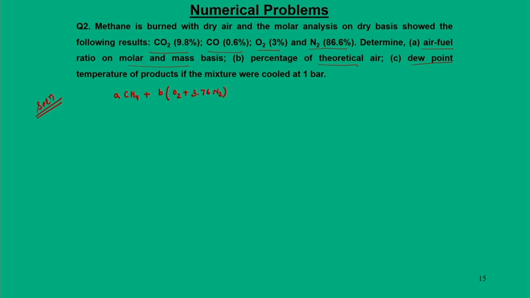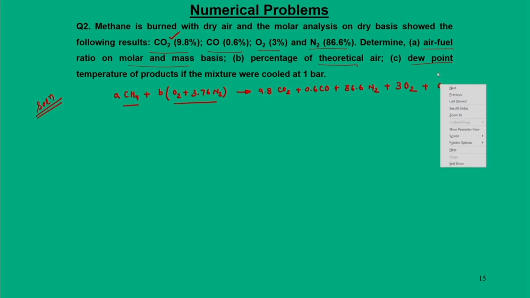So, this is the reactant side, this is air and this is methane, and it reacts to form C times CO2, and we know this is 9.8 times CO2 plus 0.6 times CO plus 86.6 times N2 plus 3 times O2, and of course we get water. This water is C times H2O.